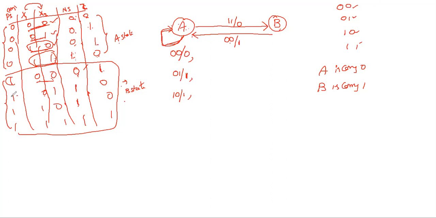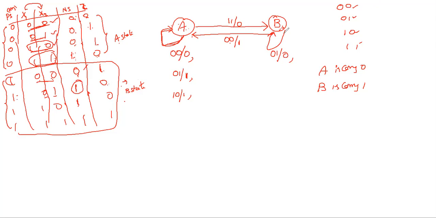Now again present state is B and I am giving input 0 1. We get next state 1 only. So you are staying here only. So whenever 0 1, output is 0. Right?